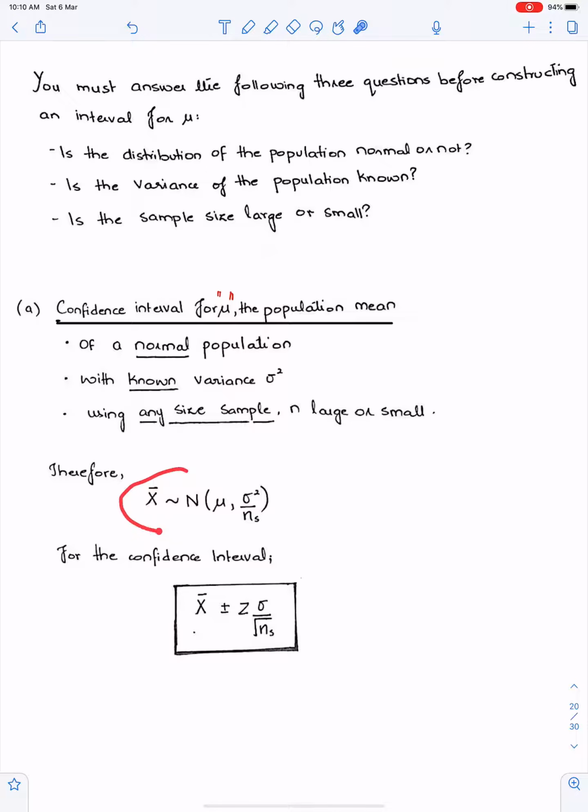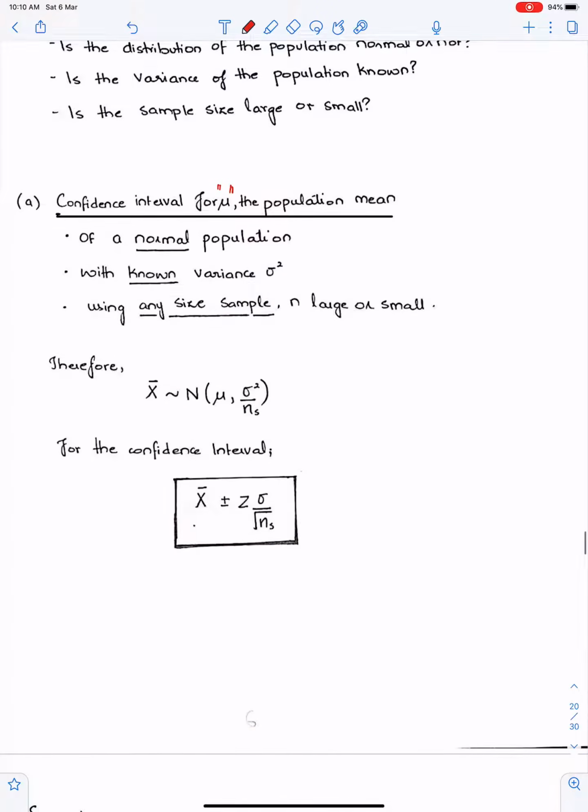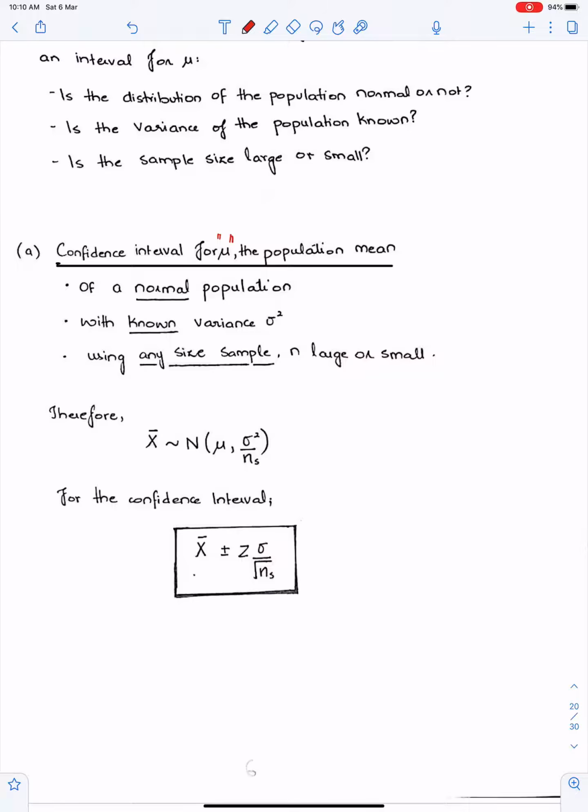Then distribution of x bar will be normal. Now understand this thing in this way. These two informations mean the population is normal, with mu, sigma square, and sigma square is known.